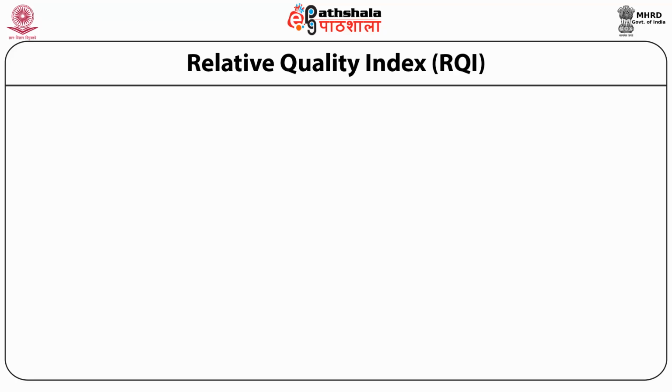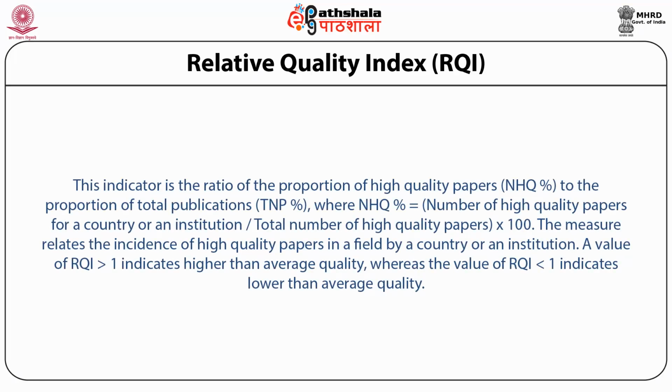Relative quality index. This indicator is the ratio of the proportion of high quality papers (NHQ percent) to the proportion of total publications (TNP percent), where NHQ percent is equal to the number of high quality papers for a country or an institution upon the total number of high quality papers × 100.